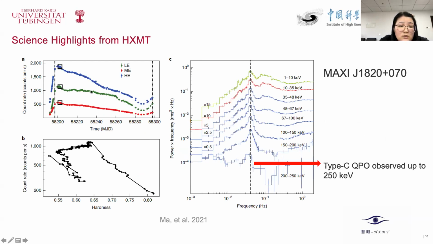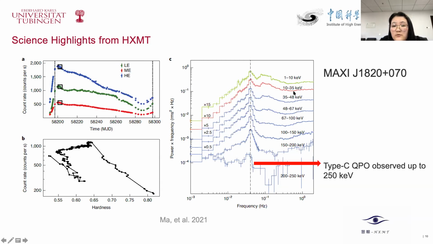Look at the upper left panel, you can see the light curve from 1 to about 200 keV from LE to HE. And we studied the type C QPOs in the low hard state. As you already know, the source has very strange properties in the low hard state. It has the spectral turnover at the low hard state. So we studied the type C QPOs in this state.